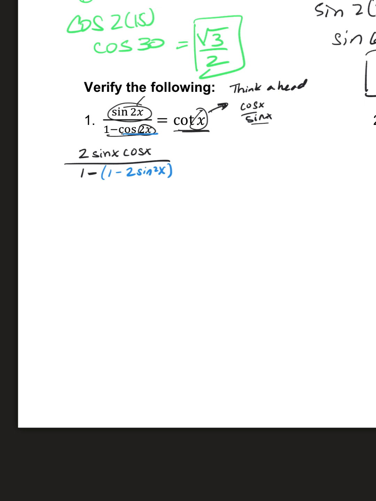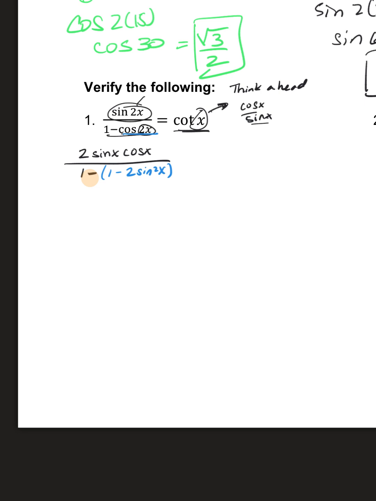At this point, I have this business right here. I'm like, what the heck do I do with this stuff? Well, we know we can somehow make this work. We can get rid of the parentheses because we have that minus here. So we're going to multiply everything by the opposite.